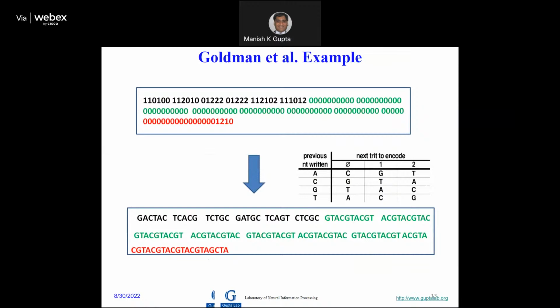So AA, CC, GG, TT will not occur anywhere when you do this mapping. This is the property of this mapping. We focused on this map initially, and there are many interesting properties. After that, we worked on this map further. This mapping makes sure that things are not repeated.